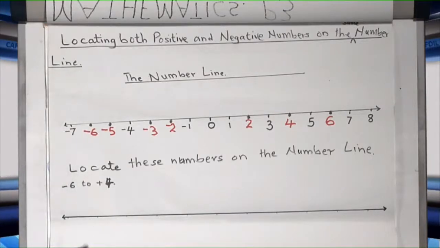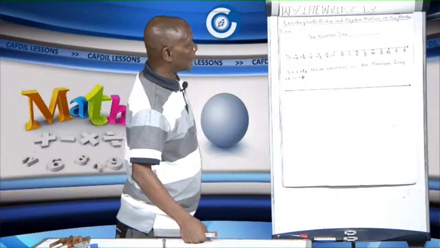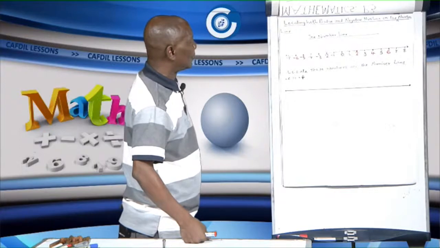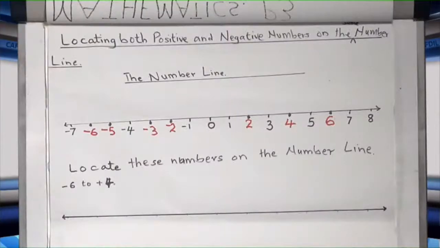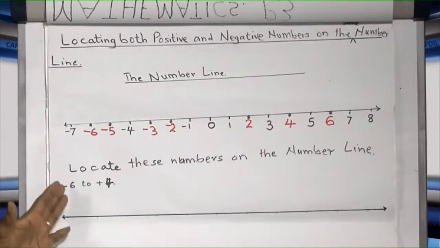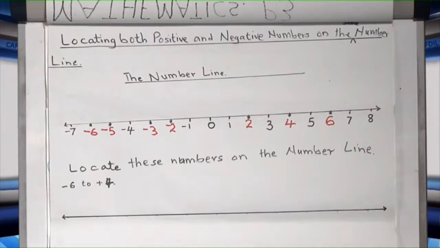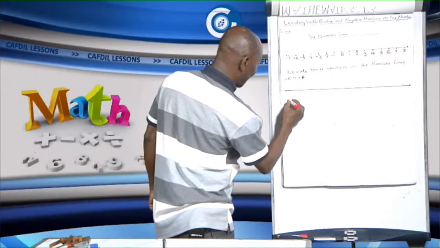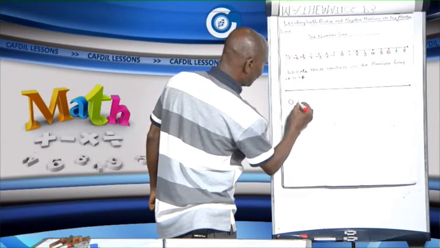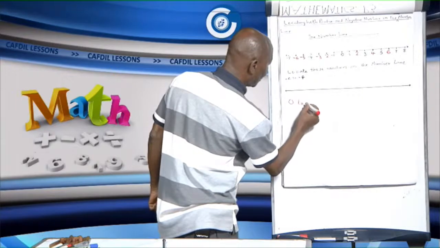Okay. Let's look at the question. Locate these numbers on the number line from -6 to +4. We shall do it. +4 means 0 to 4.